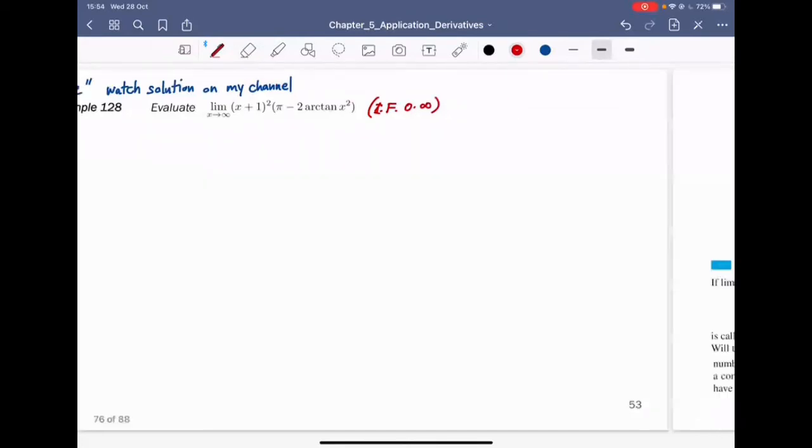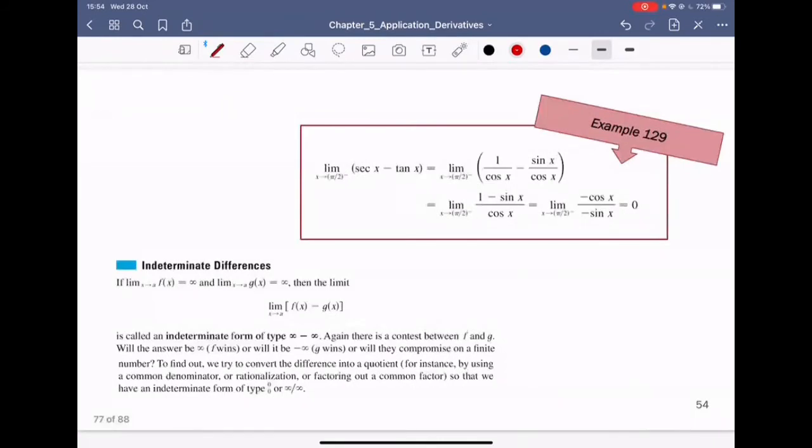All right, we're going to move to another form. We already learned 3 forms: 0 over 0, infinity over infinity, and 0 times infinity. The fourth one is going to be infinity minus infinity. The keyword of this one is when you have infinity minus infinity, you don't know which one is bigger.